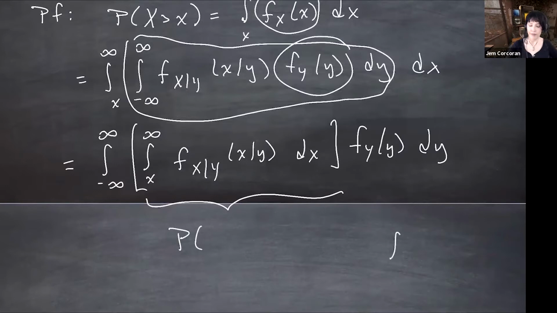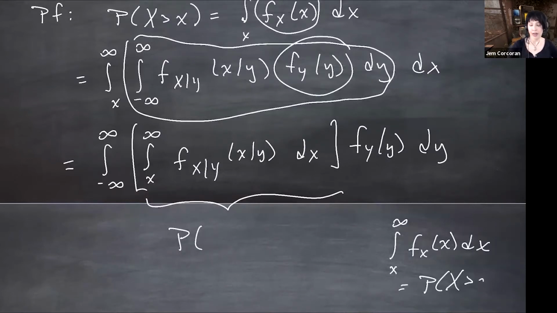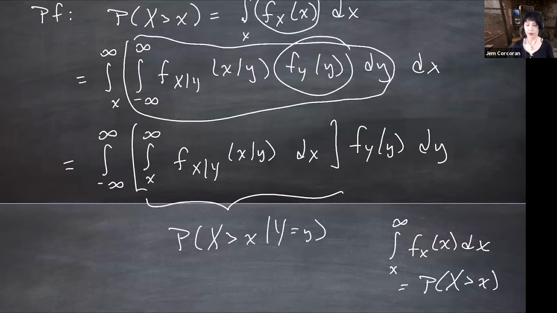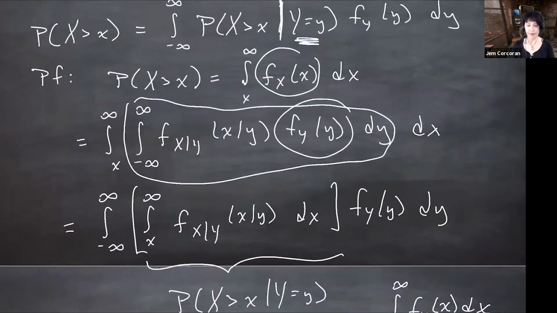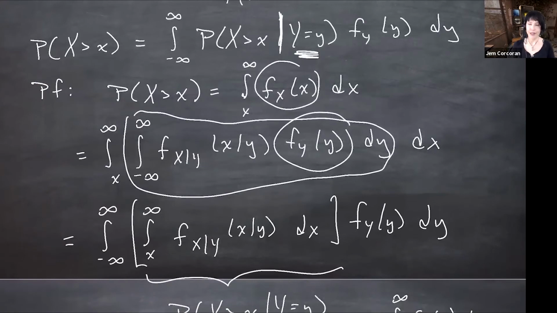If you integrate, say, x to infinity, the PDF for X, you are computing the probability that X is greater than x. That's what you're doing. And so what we're doing here is computing the probability that X is greater than x, but in conditional land. So that's what we wanted to show. This top line is what we were trying to show. So it basically works like it does in the discrete case, even though these aren't probabilities. I know that was kind of rushed, but I'll slow down when we do some examples involving that today.